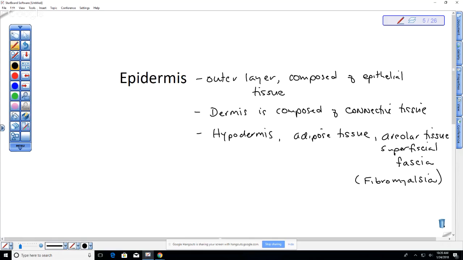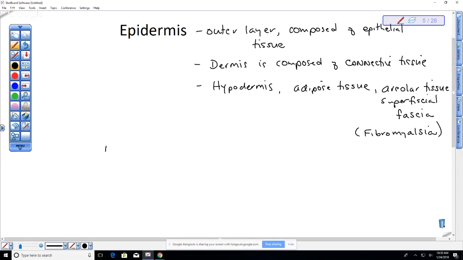If we look at the epidermis, it actually has layers, and the innermost layer gives rise to the cells that are constantly replacing the outer epidermis. This is referred to as the stratum basale.